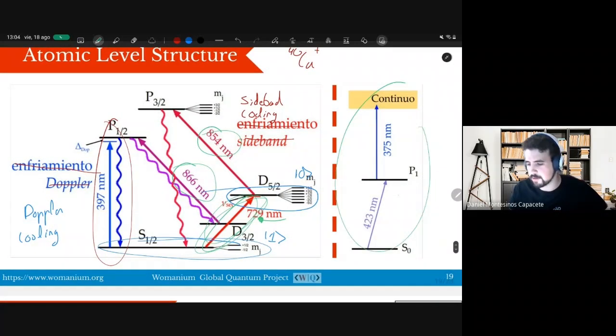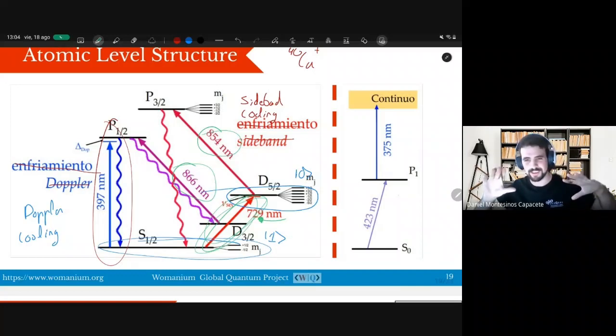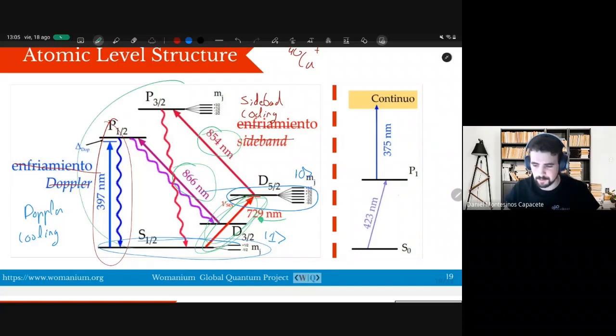And here, in order to get the calcium ion, we need to photoionize the calcium. It's just two lasers to take one electron out of the calcium and get the calcium ion that we are working with. I know this must sound like a lot at this point, but the idea is that we have this quite crazy scheme of levels.